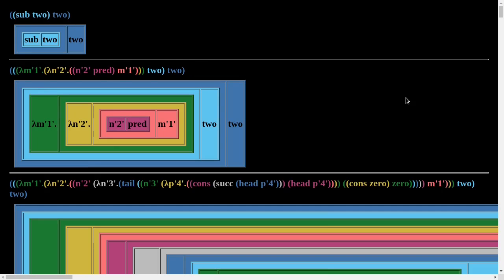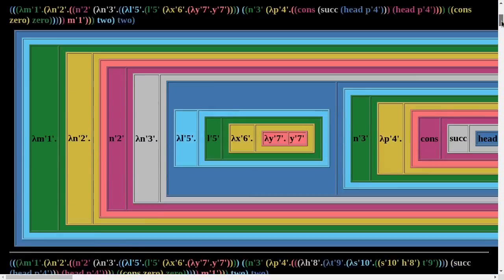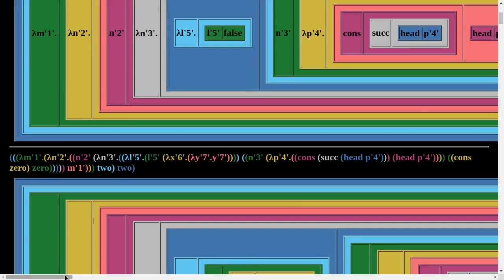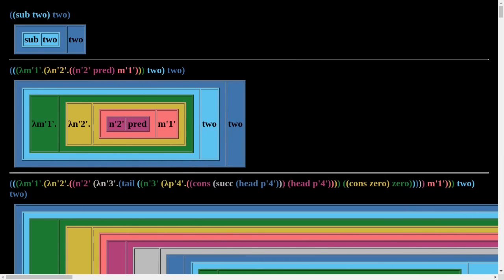Now, I said I didn't want to show subtraction, just predecessor, because subtraction is just repeated predecessor. And, well, here's the reason. This example is 2 minus 2, and you can see just how wide it scrolls, because it gets pretty big on the way to doing even something as simple as 2 minus 2.